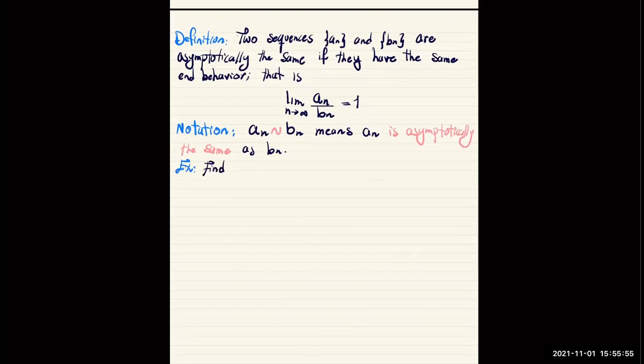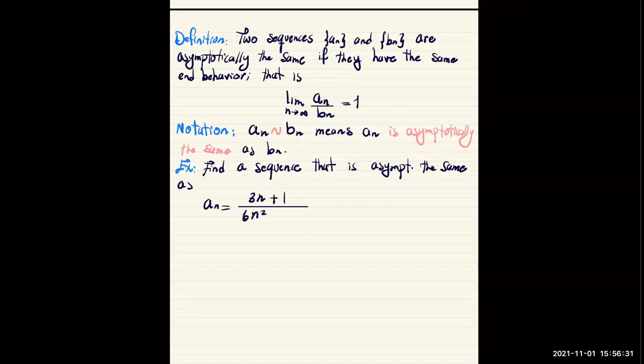So the question here is to find a sequence that is asymptotically the same as a sub n equal to, let's say, 3n plus 1 divided by, let's say, 6n squared plus 10n minus 100.